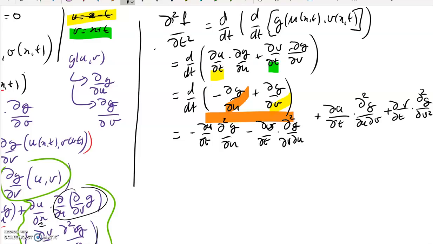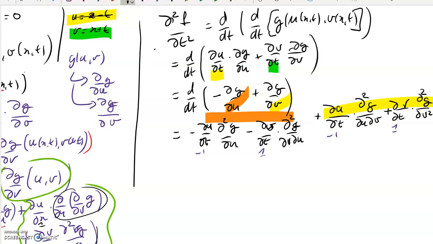So that second term gives you that whole thing here. So let's write it a bit clearer with the calculations: that's going to be minus 1, that's going to be 1, that's going to be minus 1, and that's going to be 1.